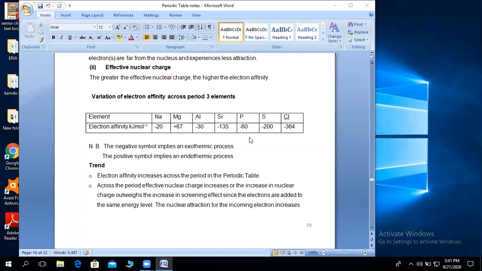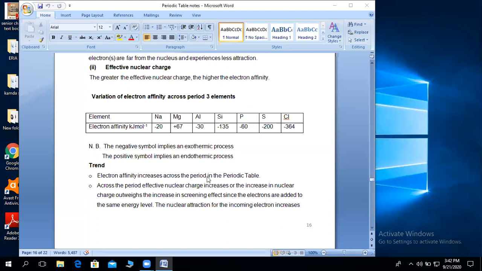So we don't look at the negative, we explain the magnitude. That's why the negative symbol implies an exothermic reaction. That's all. It has nothing to do with the value of electron affinity. And the positive symbol implies an endothermic reaction. So the trend, remember, that will be the question.